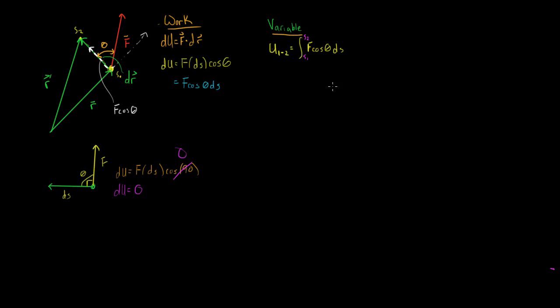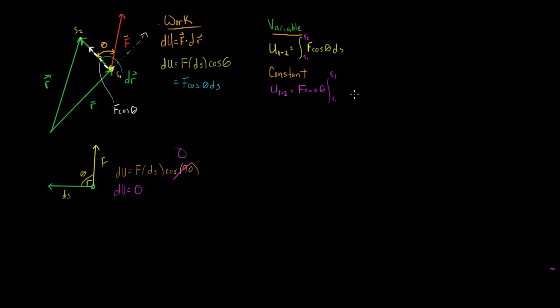Now, what happens if we have a constant force? That's the second situation we want to look at. If we have a constant force, we're still going to take this integral from S2 to S1. However, our force is constant. So U from 1 to 2 is going to be equal to F cosine of theta from S2 to S1.